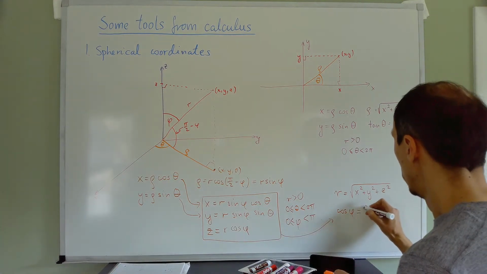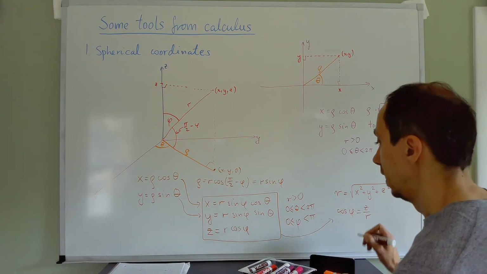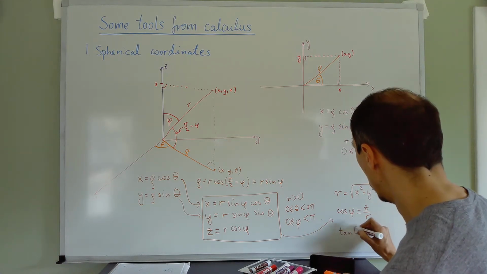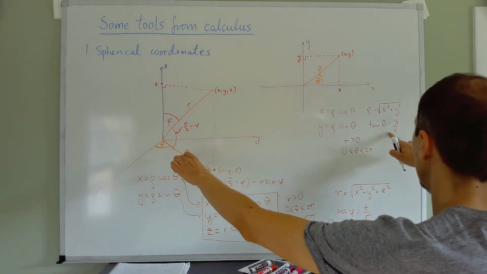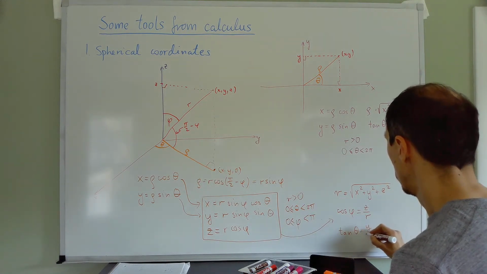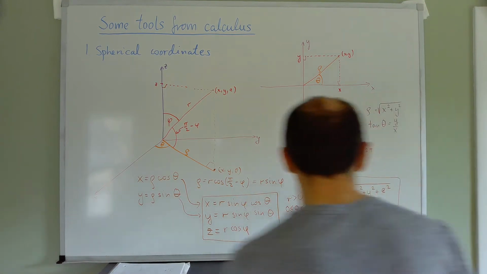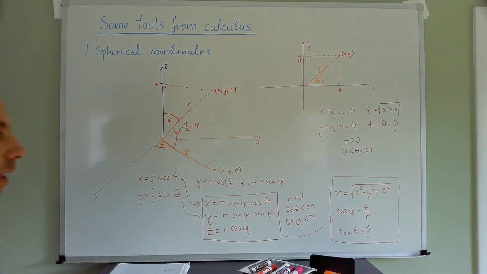That's just z over r. And then the last thing is tangent of theta. Well, that you get essentially from here. I told you that you can do it by yourself, but I actually just did it for you. Okay, so this is the translation back.